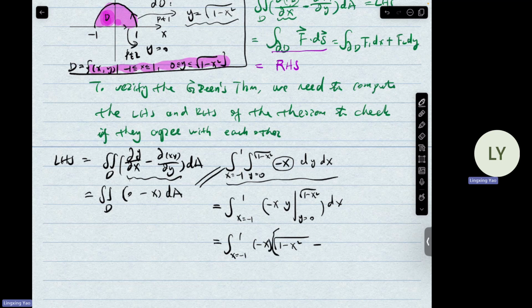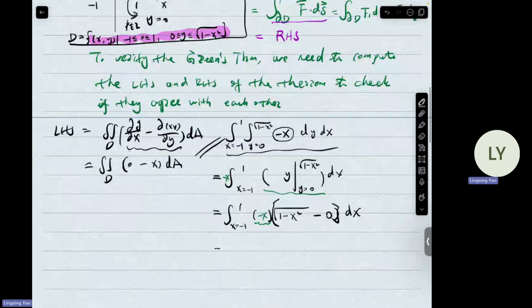We can take this factor negative x out, which we keep here, because when we work on the y evaluation, x is supposed to be just a constant. So, because this term is 0, that is always 0.